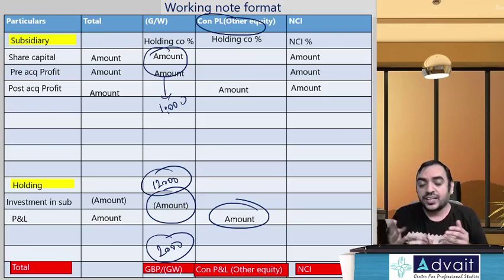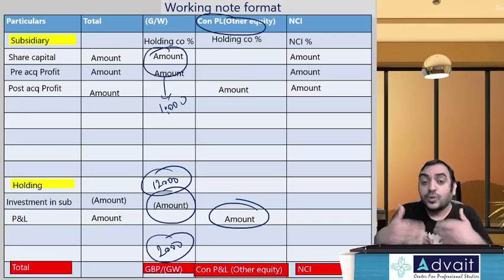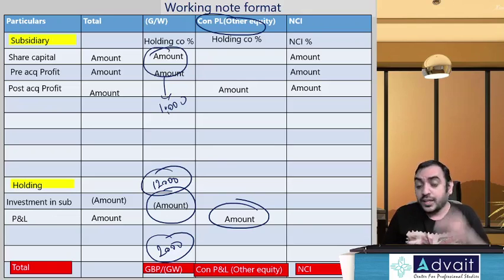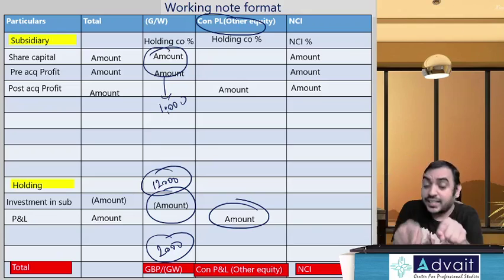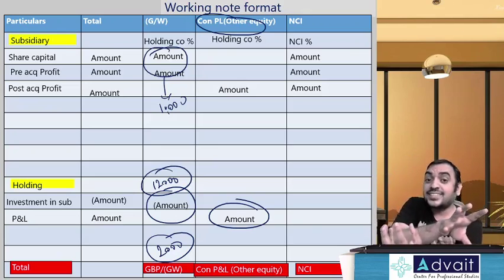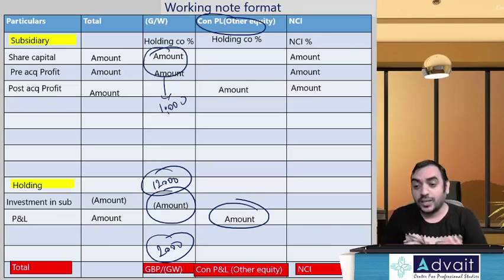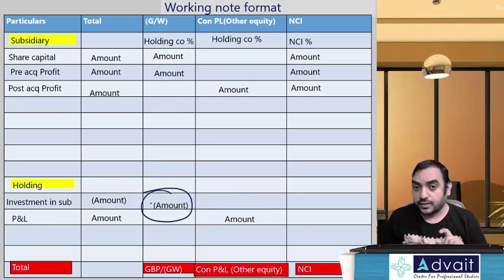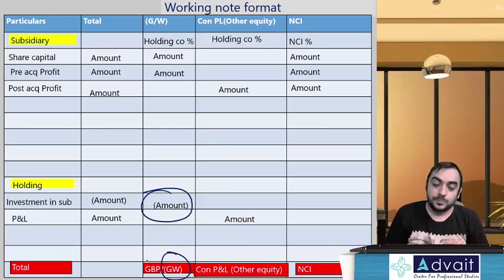You'll get comfortable. But try to understand at every step. Initially we did investment minus net assets. But here in net assets, I am doing first a positive number. Share capital plus pre-acquisition profit is net assets, minus goodwill. So when minus investments, when investment is high, the negative number is high, that means I get goodwill.